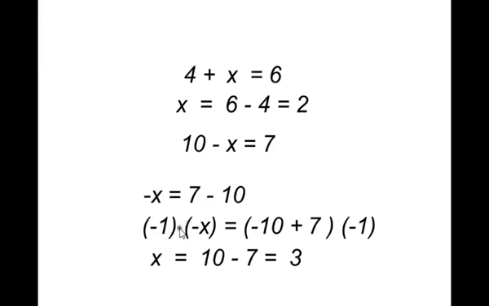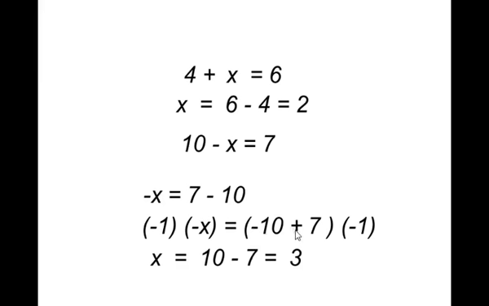And so you get a negative 10 plus a positive 7, multiplied by negative 1. That's going to change all those values to their opposite values. So the negative 10 multiplied by the negative 1 is going to be a plus 10.